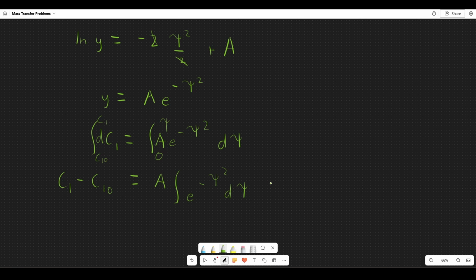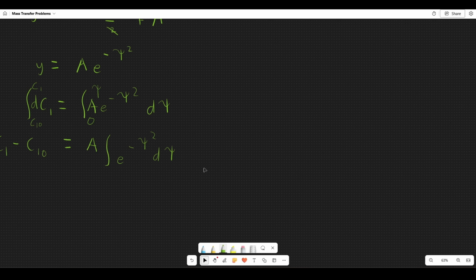And so you may or may not know this, but there's a function called the error function, erf. An erf of, let's say in this case, psi. The error function is defined as 2 over root pi times the integral from 0 to psi of e to the minus psi squared d psi. So it's defined as this. You might be asking, okay, why do we have a special designation for this function?